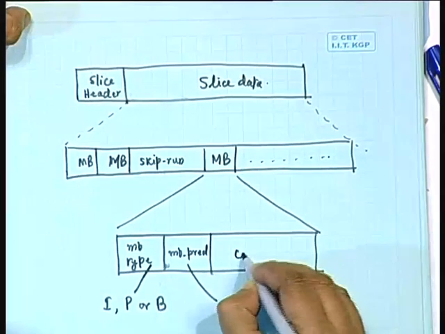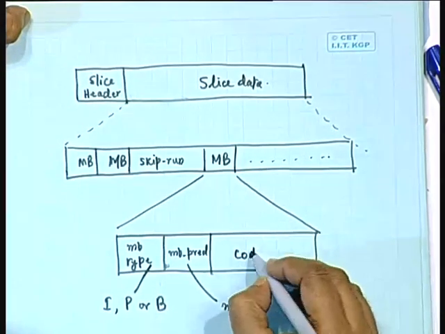For intra prediction of macro block, I already mentioned the directions and the DC, that means all those 9 prediction modes for intra, and also for the inter predicted macro block we have the variable block size, which I have already mentioned for the inter prediction. And then we have to transmit the residual information.